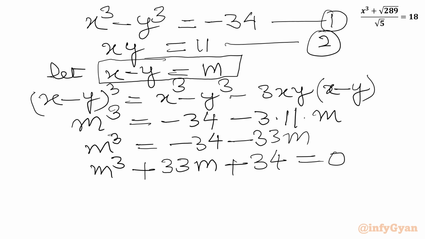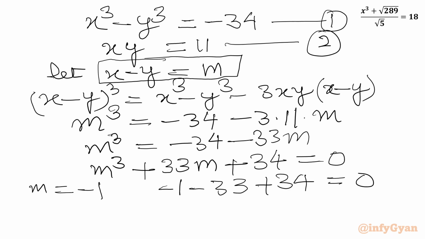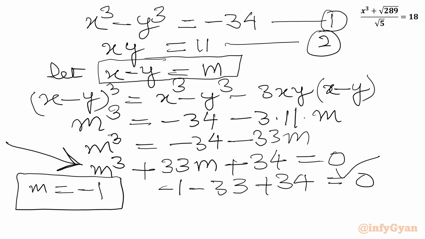Now one solution is clearly visible. If I plug in m equal to minus 1, then I will get minus 1 minus 33 plus 34, which is equal to 0. That means m equal to minus 1 is our base solution for this cubic equation.